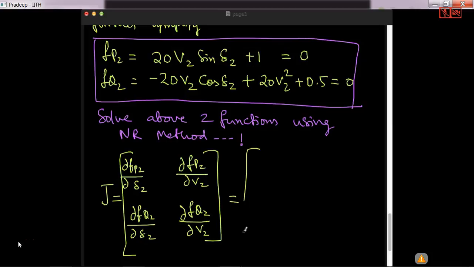So let's do that. What is the differentiation? Take the first function, differentiate with respect to delta 2. I'll get 20 v2 cos delta 2. That's all. Differentiation of 1 is 0.